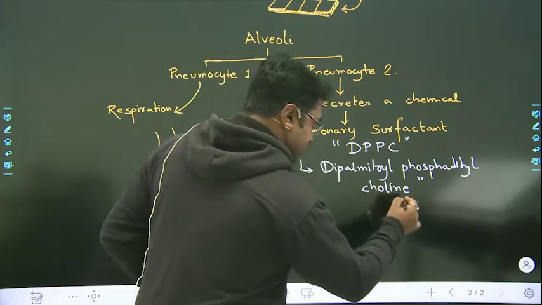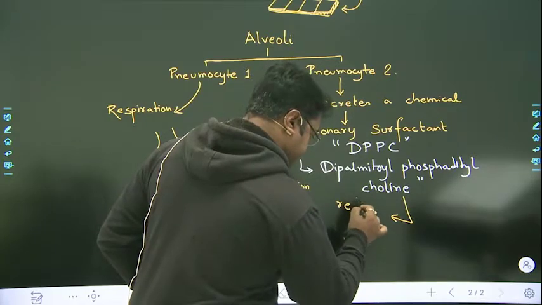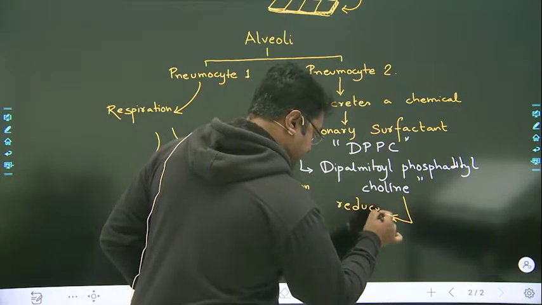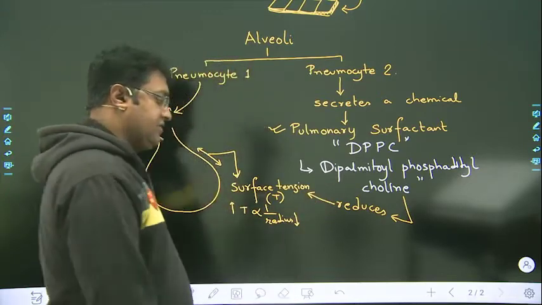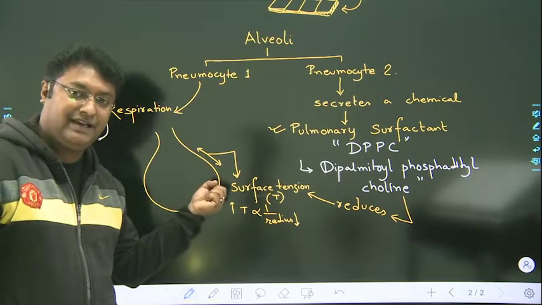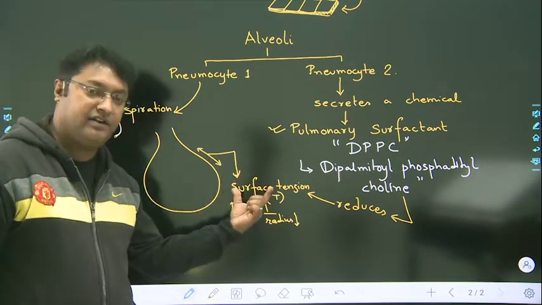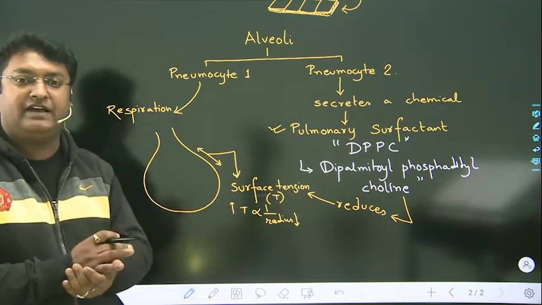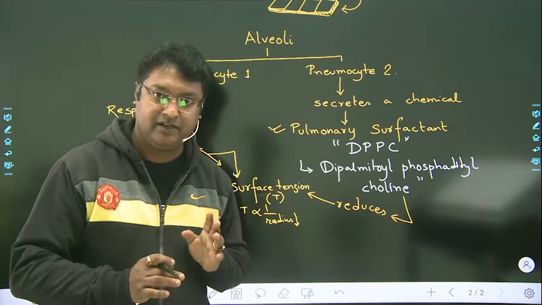So what is the function of DPPC? It reduces the surface tension. So if the surface tension is reduced, then the radius will increase, and if the radius increases, the volume of the alveoli will also increase. You got my point? Clear?